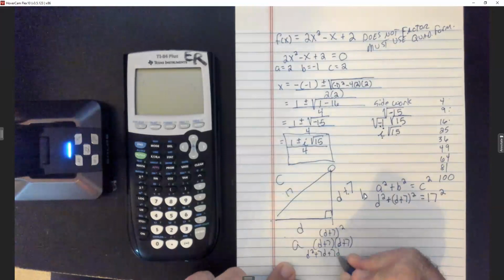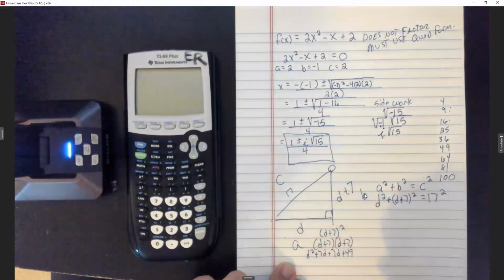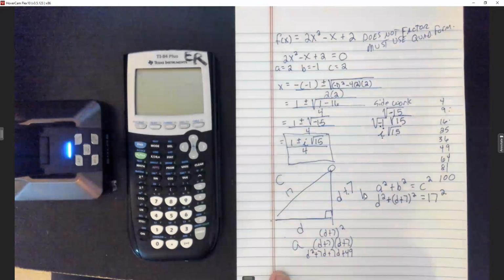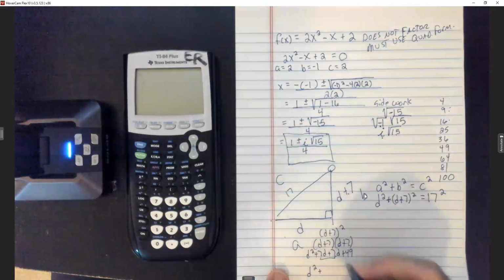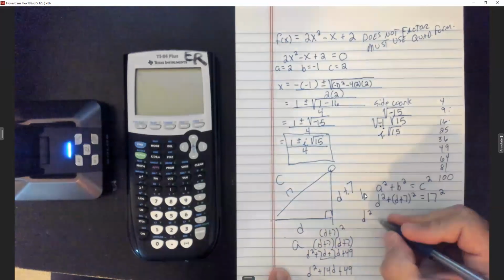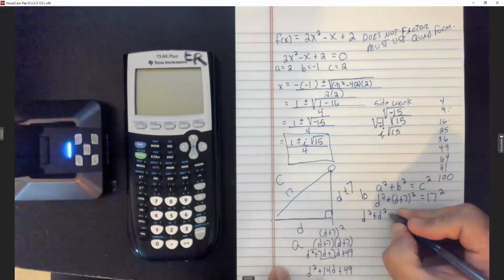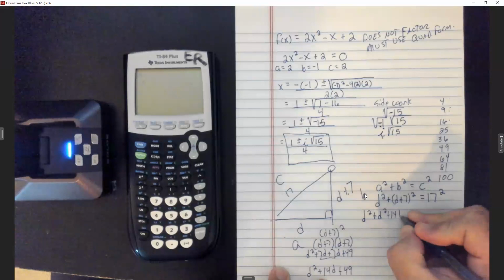And then 7 times 7 is 49. The last step is to add the like terms. So I get a D squared, 7 plus 7 gives me 14D, plus 49. Let me bring that down: D squared plus 14D plus 49.